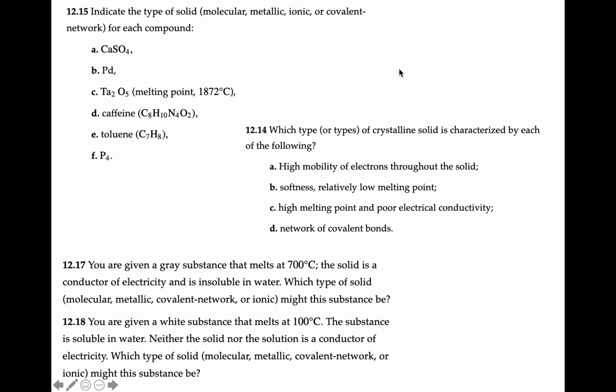Descriptions here of the different properties, and as we're beginning to think about the structure of property relationships. And these bottom ones, a little bit higher on Bloom, where we're given a description and we need to classify this. Is this an ionic solid? Is this a metallic one? Typically on our exam, I think would be 12.17, 12.18. Those are quite representative.